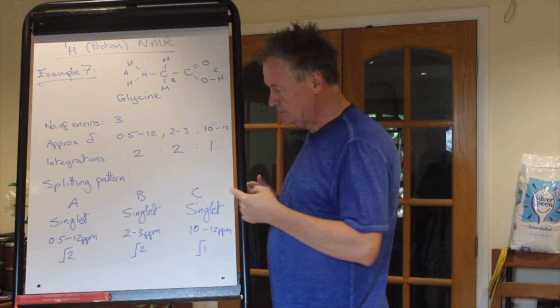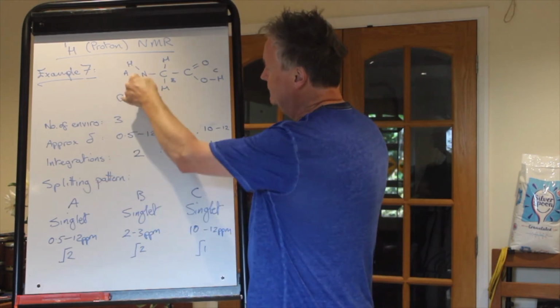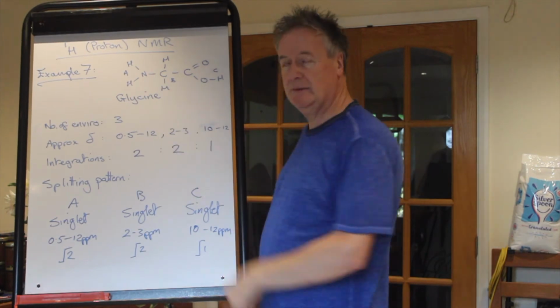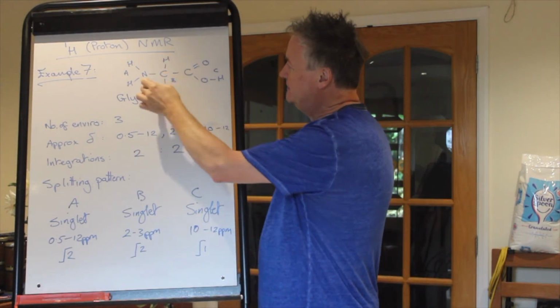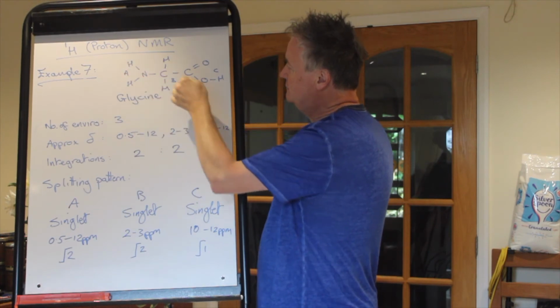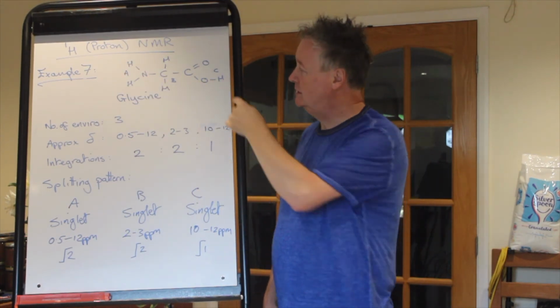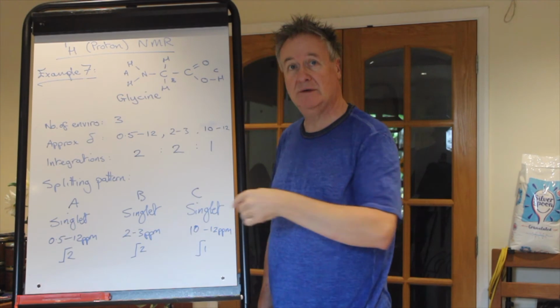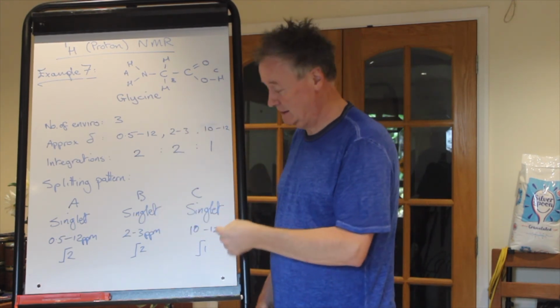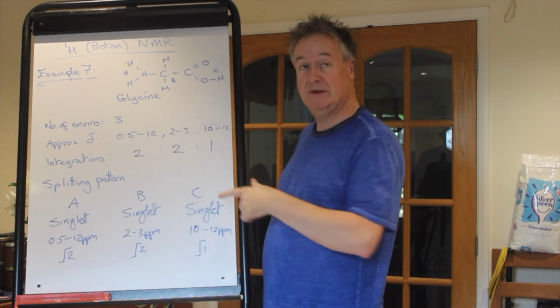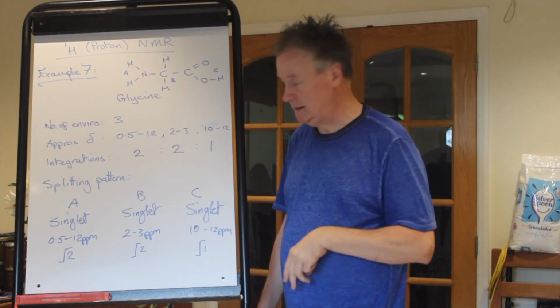Splitting pattern, well, A, those hydrogens cannot couple through the nitrogen, singlet. The 2 in the centre cannot couple to those hydrogens or to that hydrogen. This one's too far away, those ones are going through nitrogen, don't couple, singlet. So singlet, singlet. And this one here can't couple through the oxygen, singlet. So all 3 are singlets.